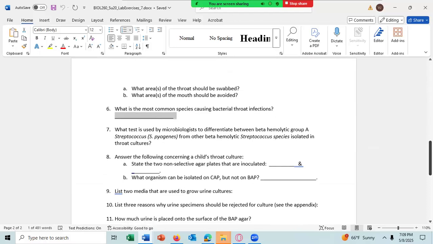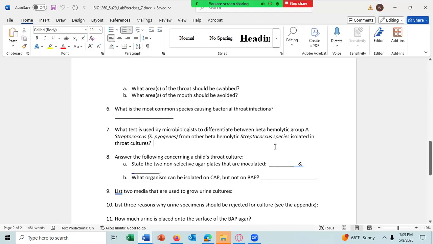And 7, what test is used by microbiologists to differentiate beta hemolytic group A Streptococcus, meaning Streptococcus pyogenes, from other beta hemolytic Streptococcus species isolated in a throat culture? So mention the test or the enzyme here.